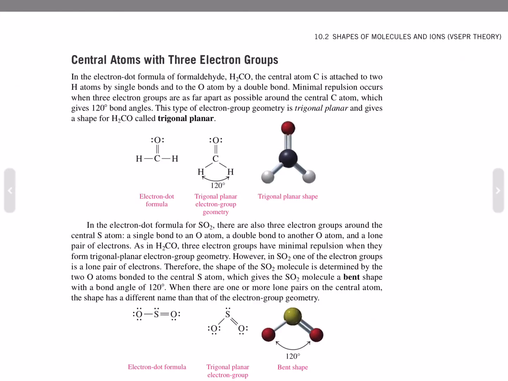However, in SO2, one of the electron groups is a lone pair of electrons. Therefore, the shape of the SO2 molecule is determined by the two oxygen atoms bonded to the central sulfur atom, which gives the SO2 molecule a bent shape with a bond angle of 120 degrees. When there are one or more lone pairs on the central atom, the shape has a different name than that of its electron group geometry.